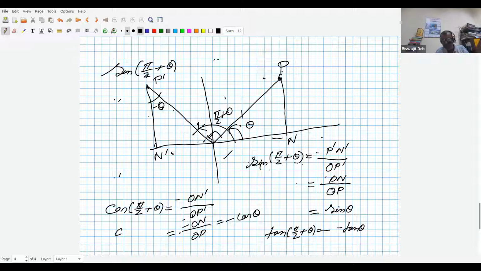This should be theta. So in that case, this is 90 degree. Then this is not cos theta. Sorry for the mistake. This is actually sine theta, and this is not sine theta, this is cos theta.